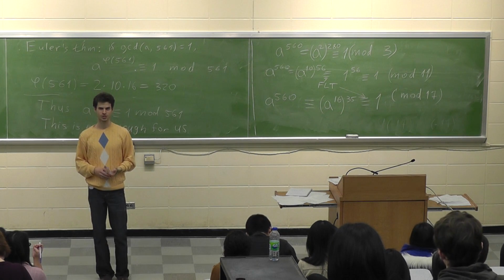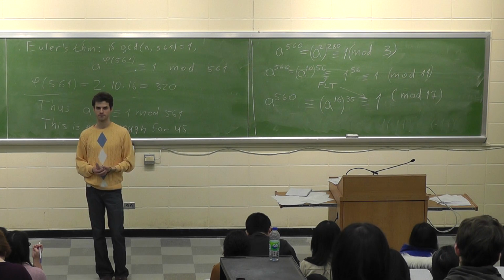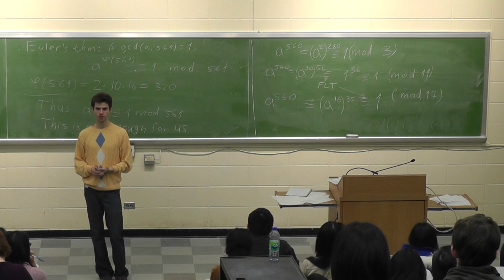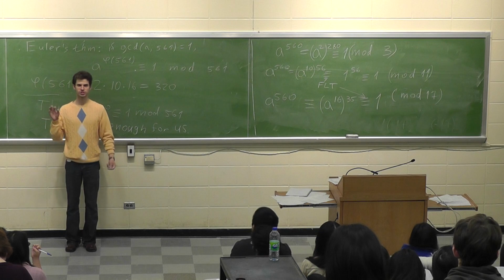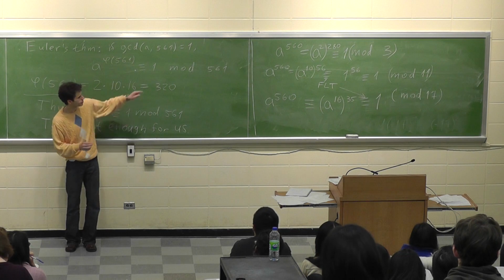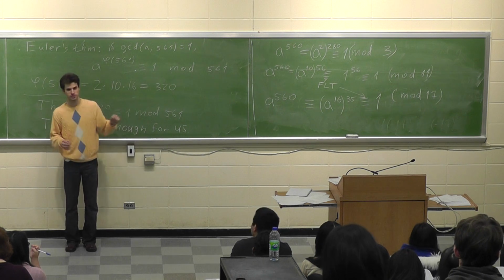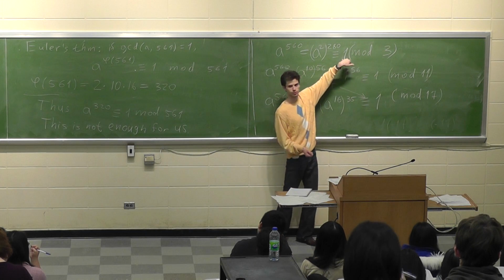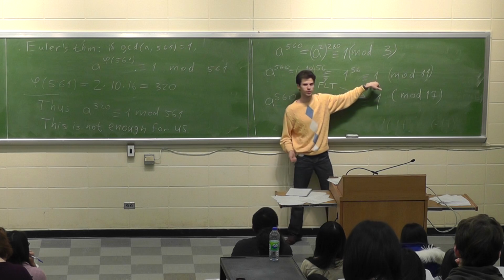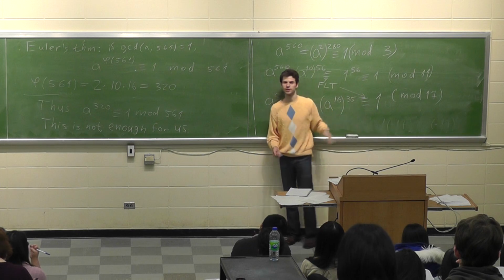And the question is, what is this way? So the Chinese remainder theorem tells you there is only one number between 0 and the product 3 times 11 times 17, such that this number modulo 3 is equal to 1, modulo 11 is equal to 1, modulo 17 is equal to 1.